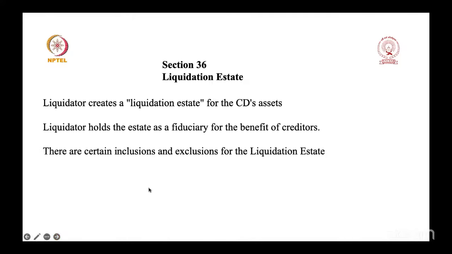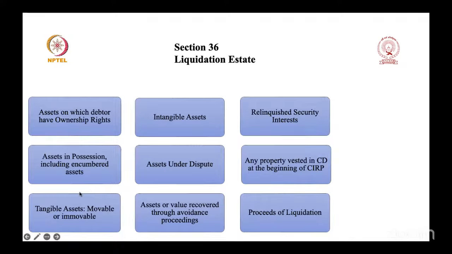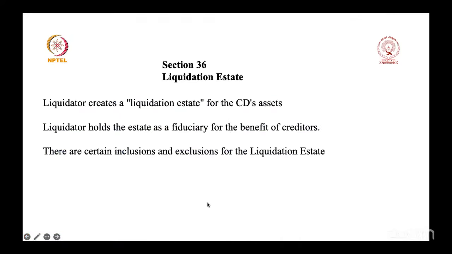Then, what is liquidation estate? I've been always talking about this. Section 36 of the Act provides that the liquidator shall first create a liquidation estate. Liquidation estate is nothing but a list of assets which will be part of the assets that the liquidator is going to sell.